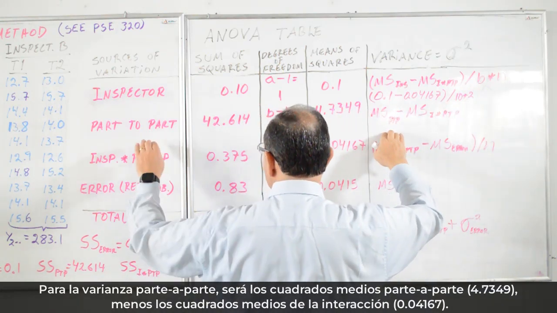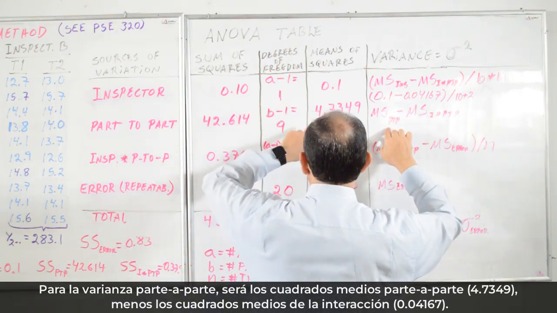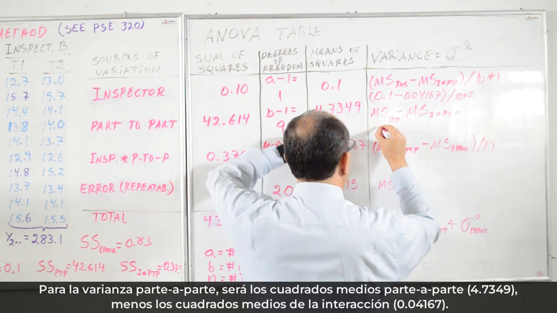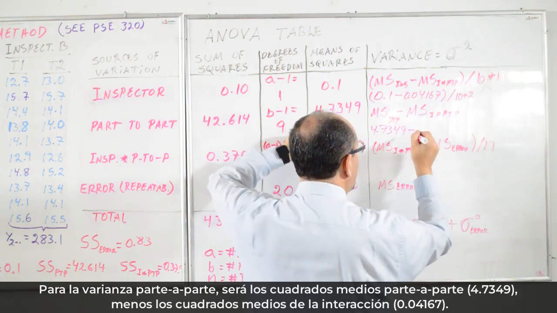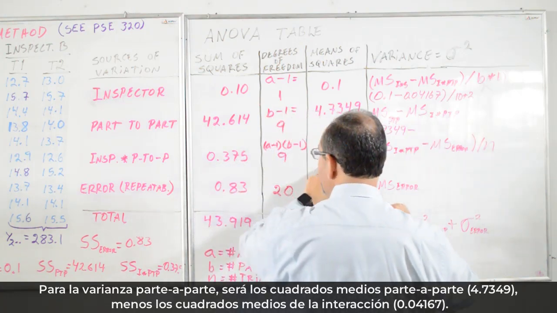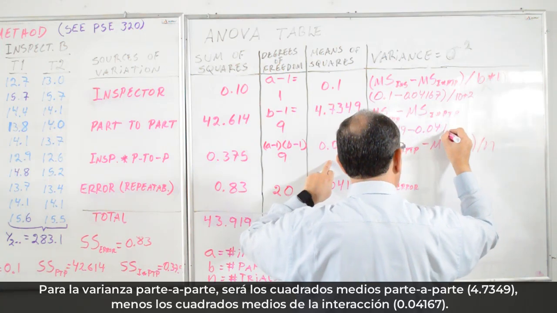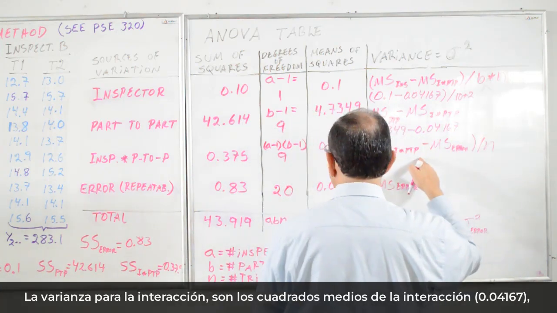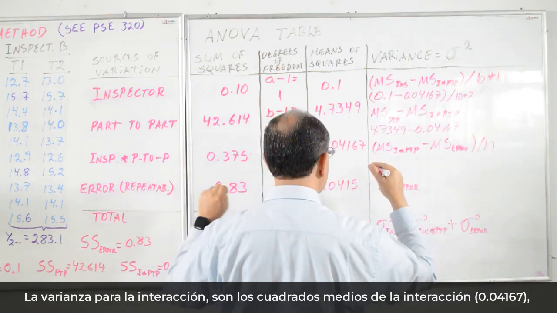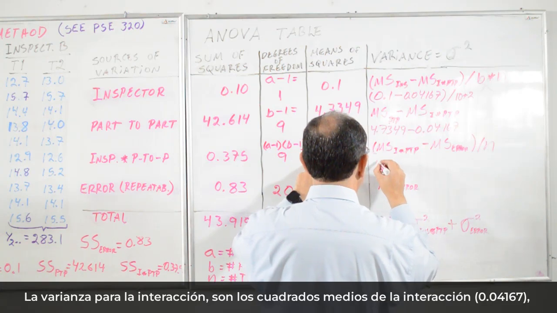For the variance part to part, it will be the mean of squares part to part, which is 4.7349, minus the mean of squares of the interaction, which is 0.04167.